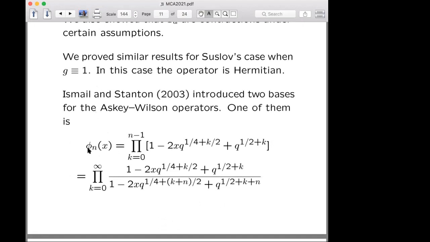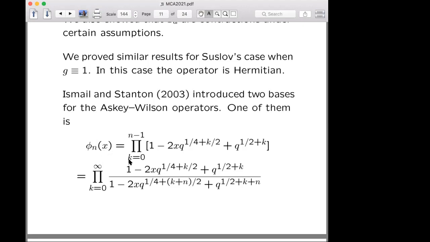These functions, these polynomials, were introduced in a paper with Dennis Stanton, 2003. In that paper, we were doing q-Taylor series, and we used this as a basis, and we have a theory of how to expand functions into this basis.